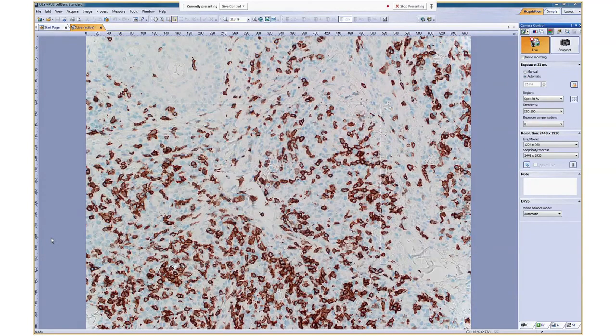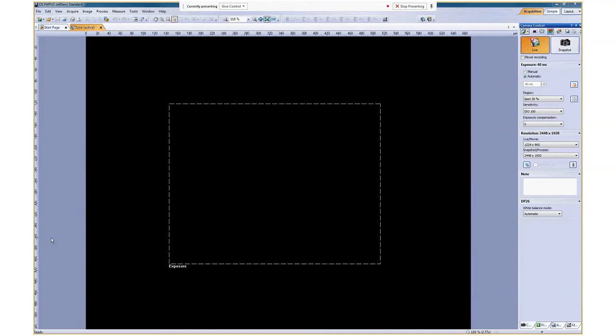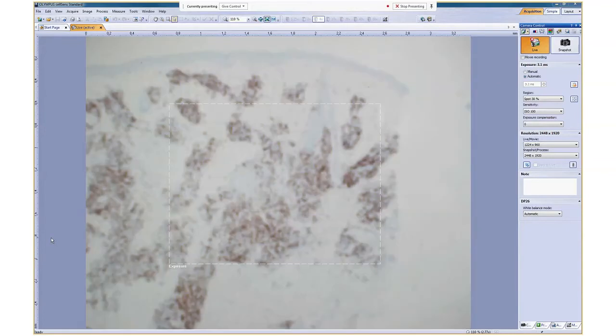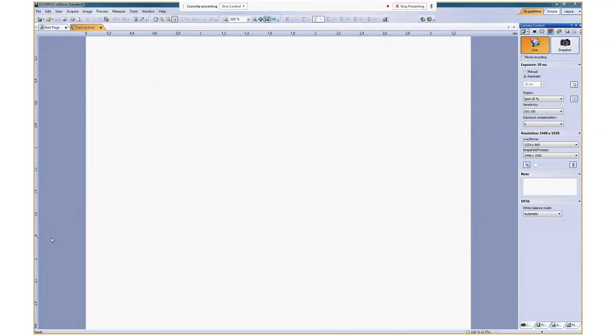So these are very small lymphocytes. Okay? So the atypical T cells are positive for CD2, 3, 4, 5, and not for CD8.